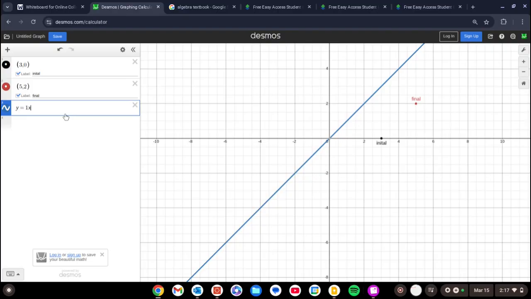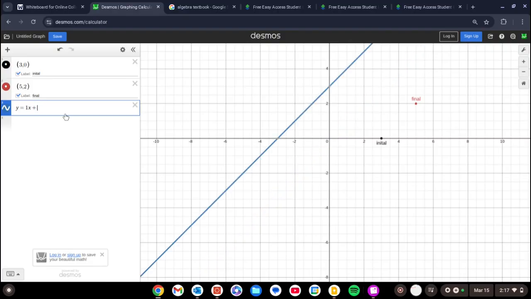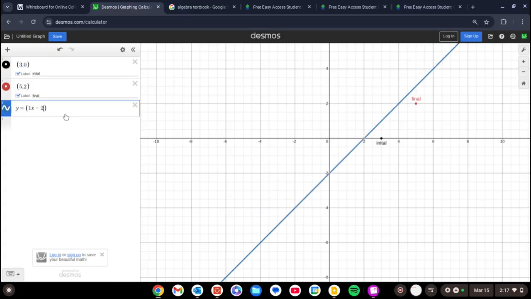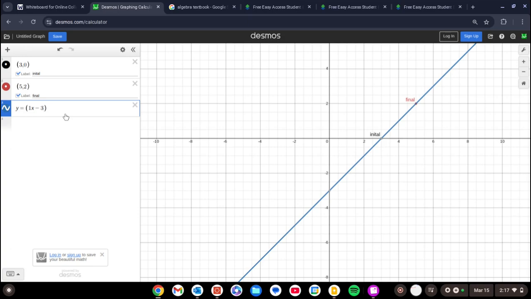So this is our slope, and then if we move this over 3 units, and I'll explain how this stuff works later on. But if we move it over, we can see that yes, when the slope is 1, the line's going to intersect at both of these points. And then our y-intercept is going to be -3.